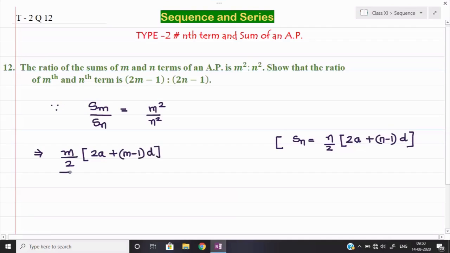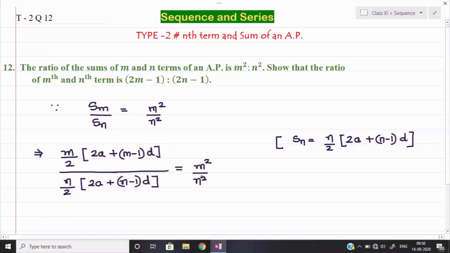Okay, whole divided by. Now we shall put up the value of Sn. That will be n upon 2 into the bracket 2a plus n minus 1 into d, and this will be whole equal to m square upon n square.